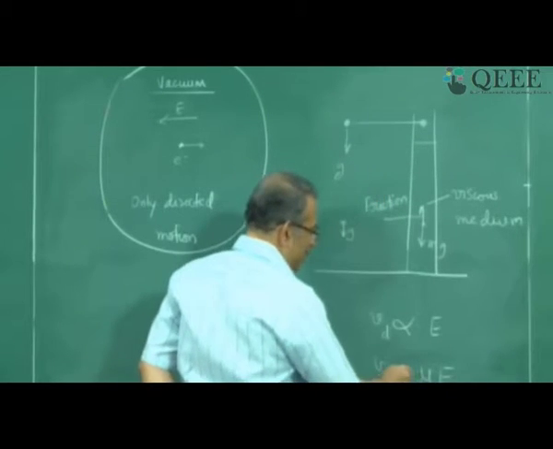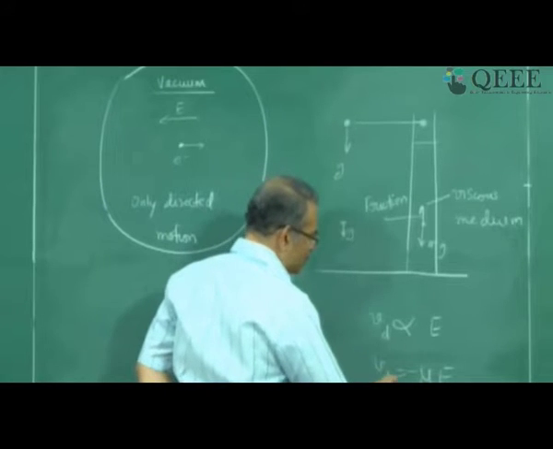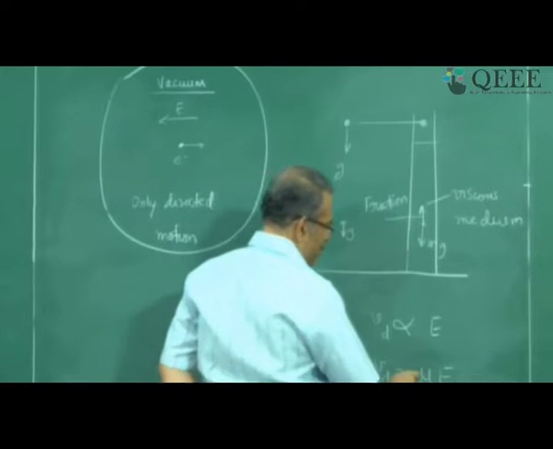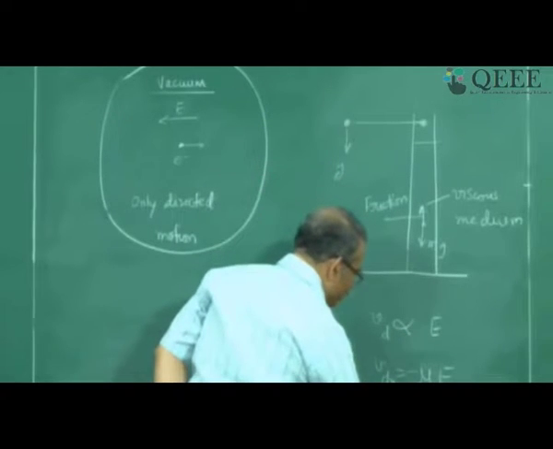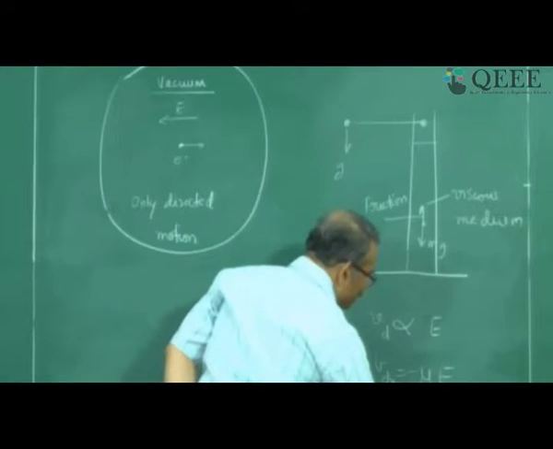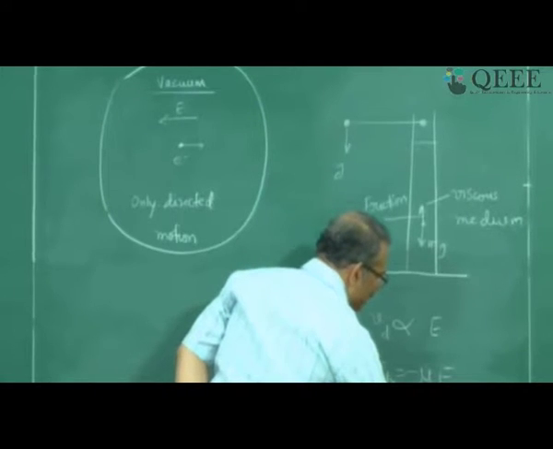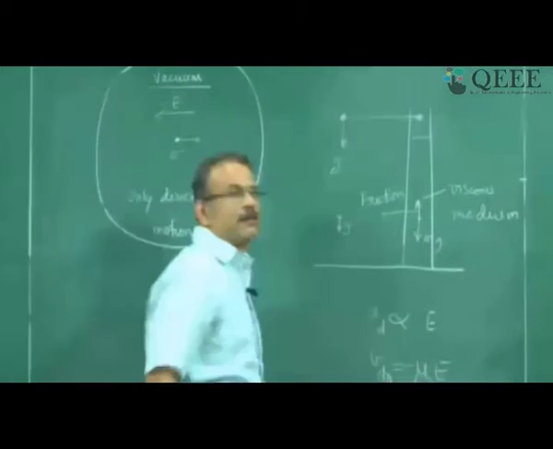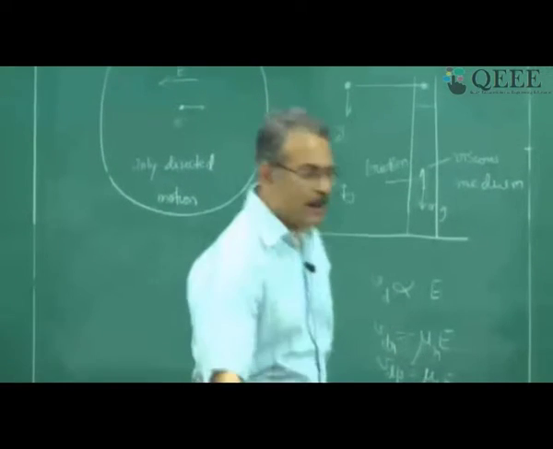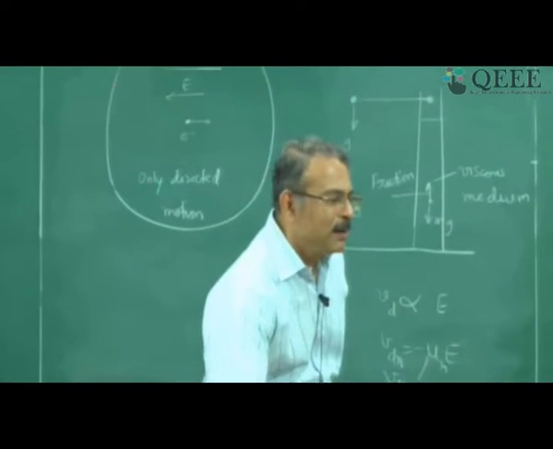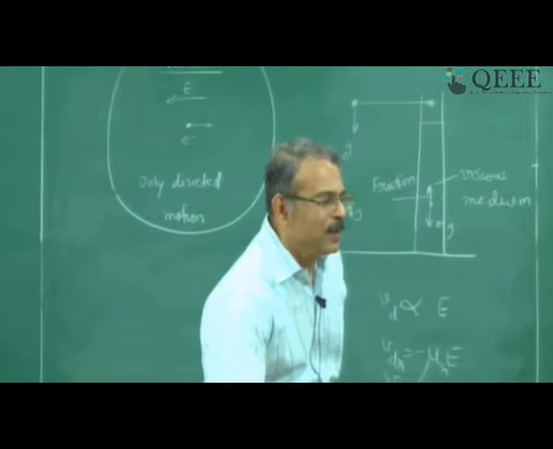For electrons we put a negative sign because the electron moves in the opposite direction to the electric field, so Vdn has a negative sign. If you write for holes, it will be Vdp equal to mu p into E, no negative sign here, right. Now the current is the charge into the concentration of the charges into the velocity.